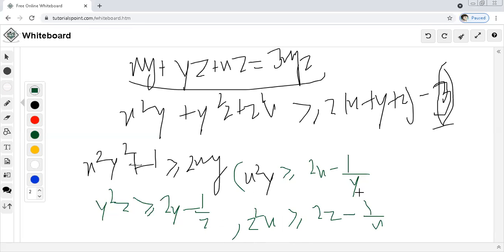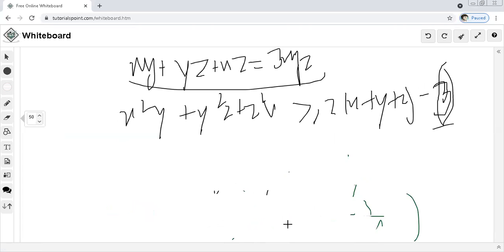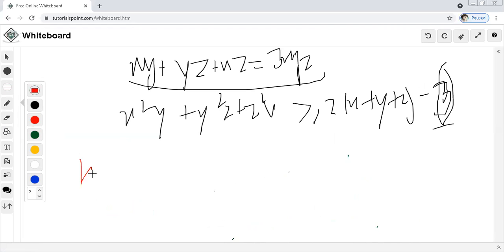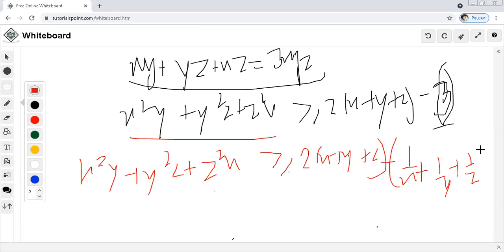All we had to do is sum all these three and we'll land on the answer. So if I add all those three, I will get something like this term: x square y plus y square z plus z square x greater than 2 times (x plus y plus z) minus (1 by x plus 1 by y plus 1 by z).